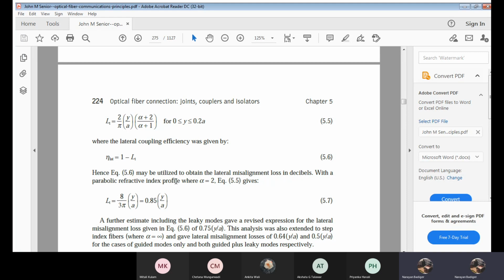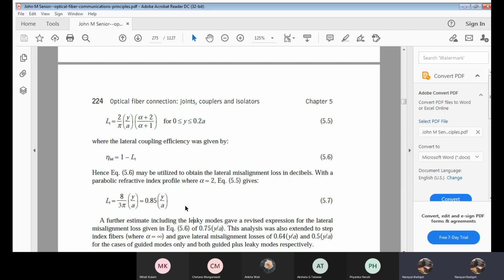Utilizing the parabolic refractive index profile, where alpha is equal to 2, just substitute that value: 2 plus 2 divided by 2 plus 1. If we simplify it, I get 1 minus LT as this value. Ultimately, put this LT in to calculate the efficiency.